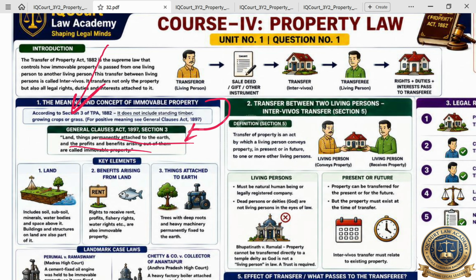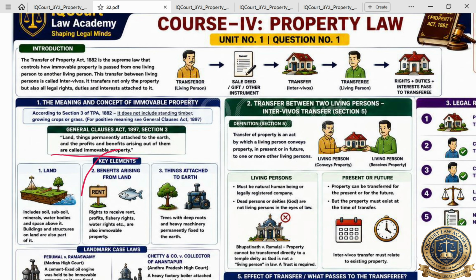You can transfer property through sale deed, gift, or other instruments. When you transfer, the transferee will also get the rights and duties. As per the TPA, it does not include standing timber, growing grass, crops. They are not included under immovable property. As per the General Clauses Act, immovable property means land, things permanently attached to the earth, and the benefits arising out of them.